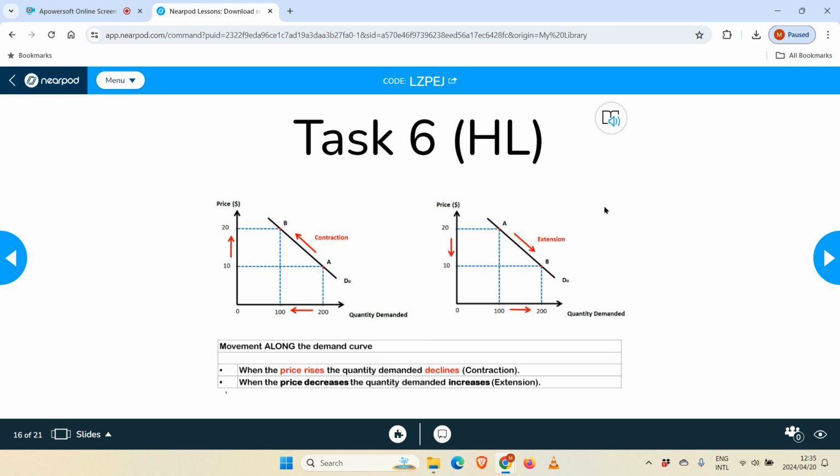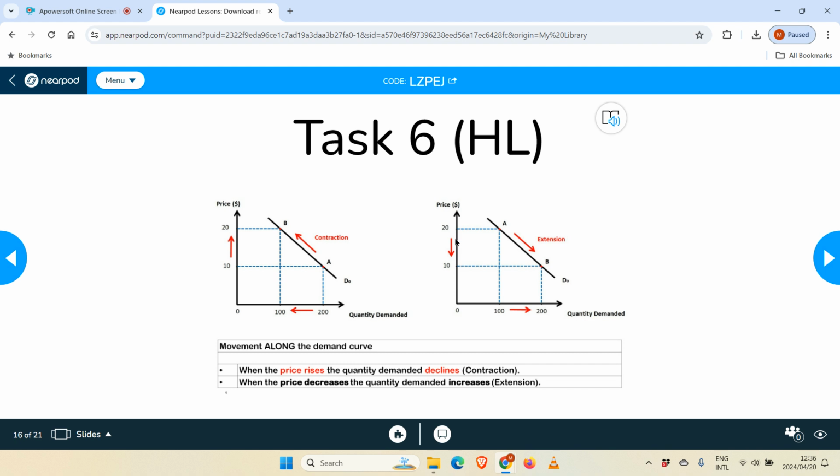Just to illustrate this negative relationship, there's this movement along the demand curve. When the price rises, the quantity demanded will decrease, and that is known as a contraction.